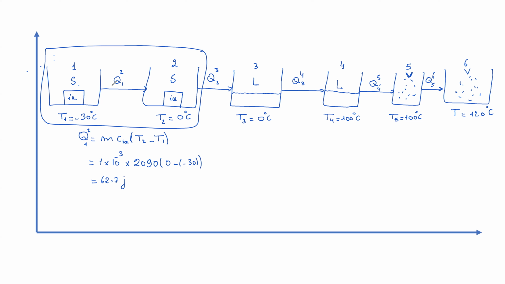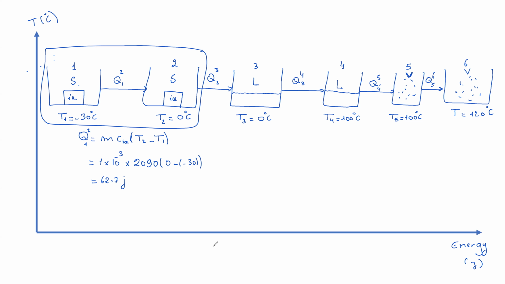We keep the same phase. Okay, let's illustrate this value on this axis. Here in the vertical axis, we have the temperature, and here we have the energy added to the system in joule.